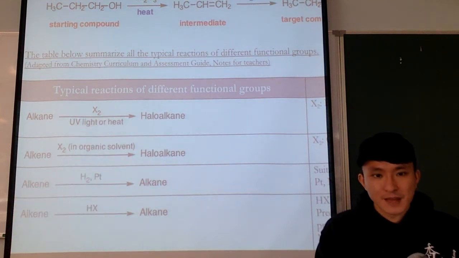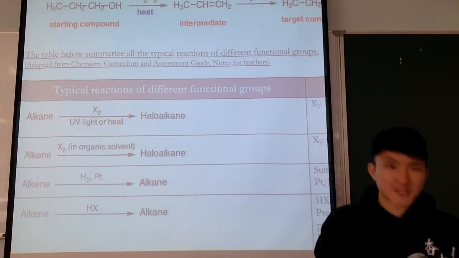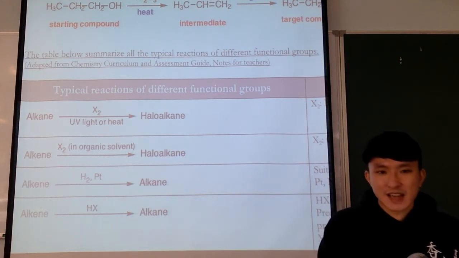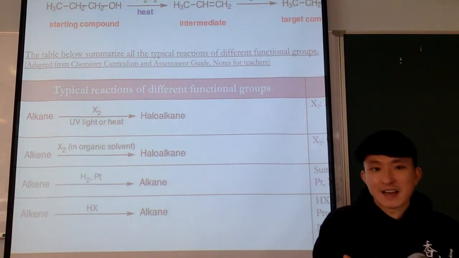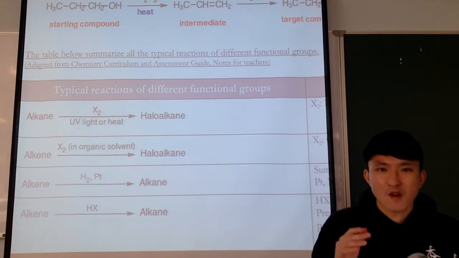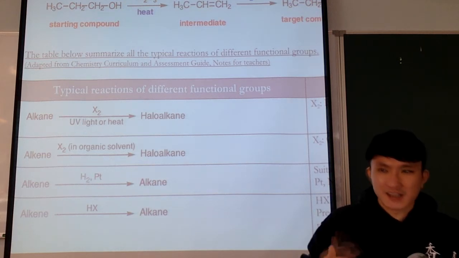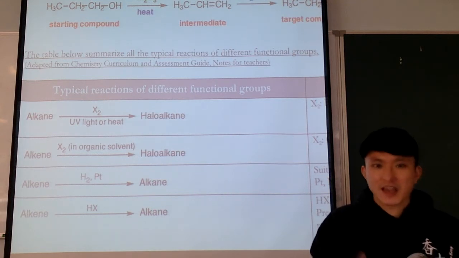But if the question asks you, suggest a test, suggest the reagent, then I don't think you can put down Br2, because elemental Br2 is highly toxic and it is seldom used in chemical synthesis in a laboratory scale.